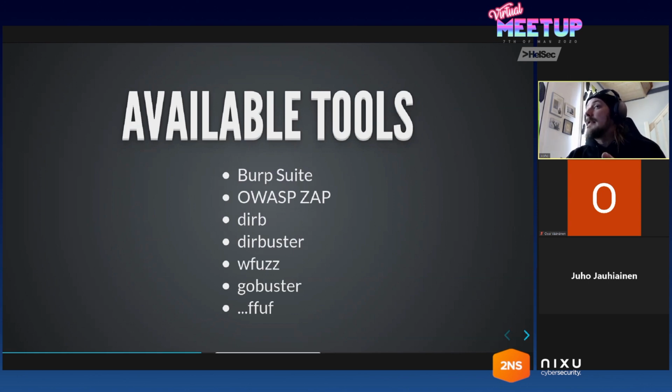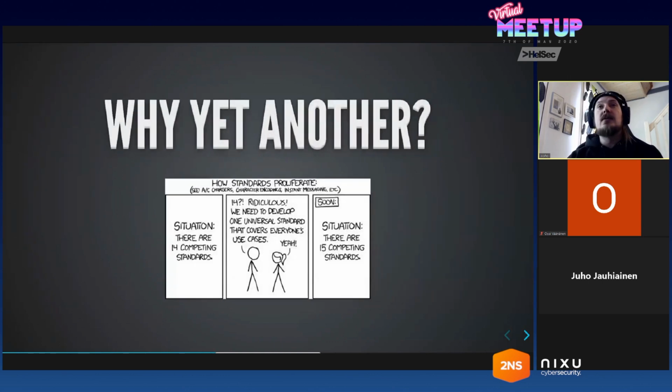GoBuster, and well, pfaff. So there are plenty. Why do we have another one, which is pfaff, obviously here? As a good open source citizen, why the hell did you write your own when you could have contributed to existing projects?